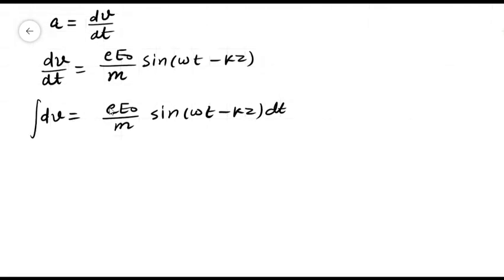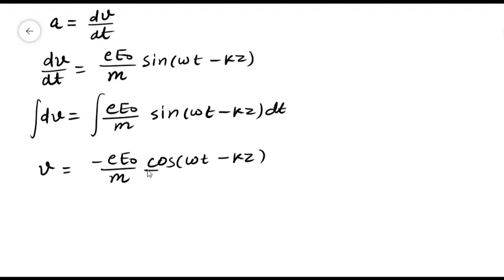Integrating on both sides, we get v equals minus e E naught divided by m, cosine(omega t minus kz) divided by omega.